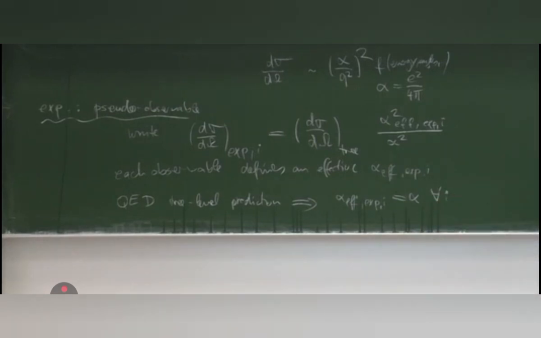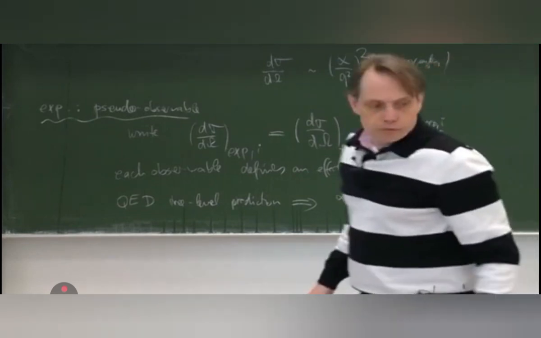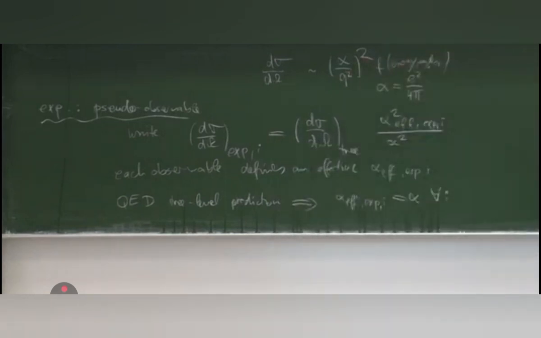in order basically to bring all the experiments onto an equal footing and to make it easy to analyze from the theory point of view what now happens at higher orders. Because at higher orders QED does not predict that all the effective alphas will be the same, but at higher orders QED will predict something more complicated, and that is however now very easy to compare and analyze.